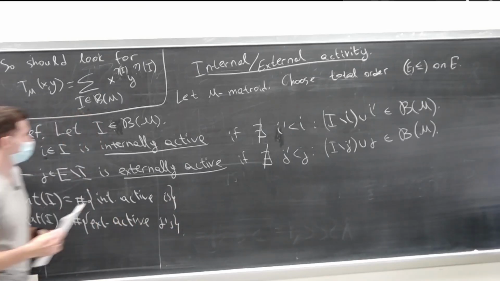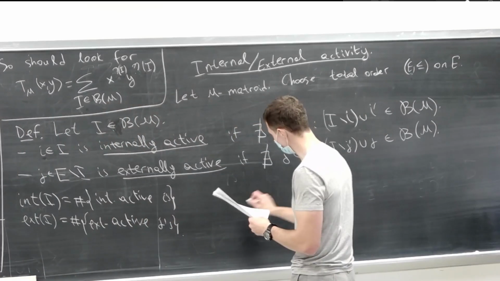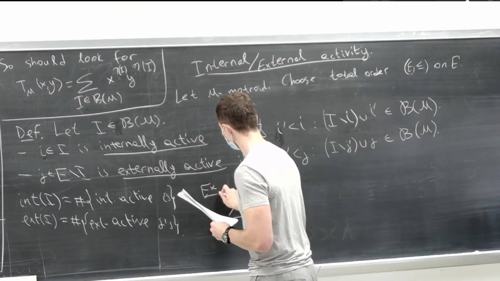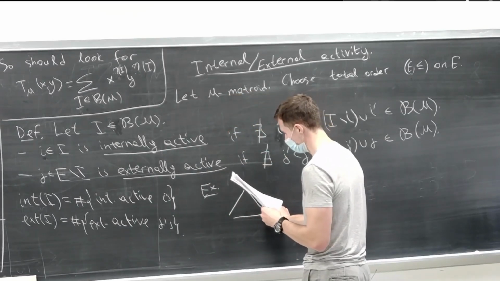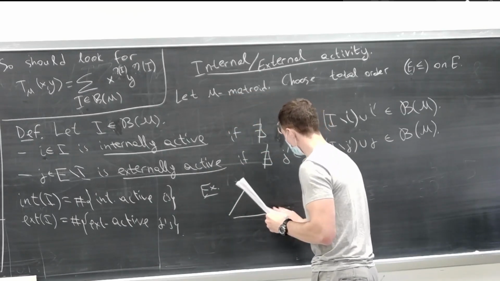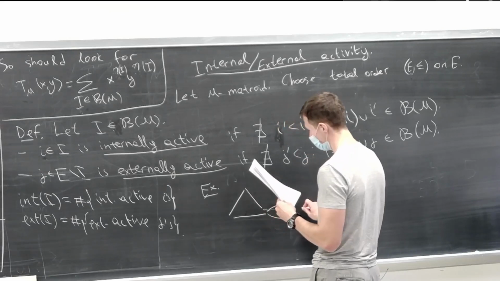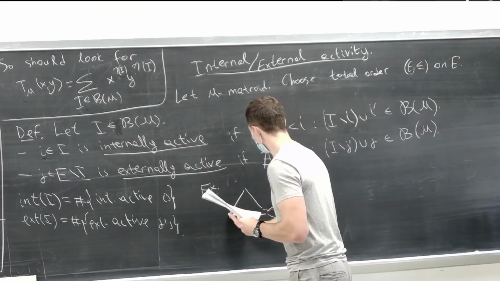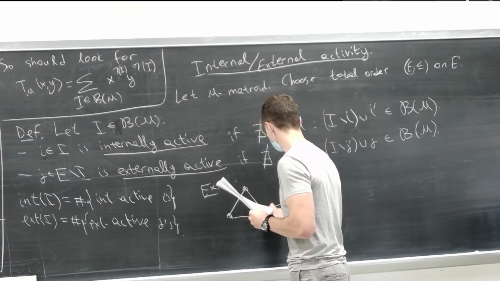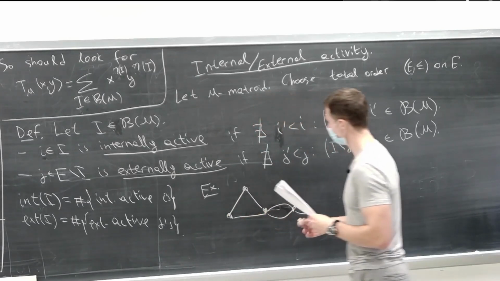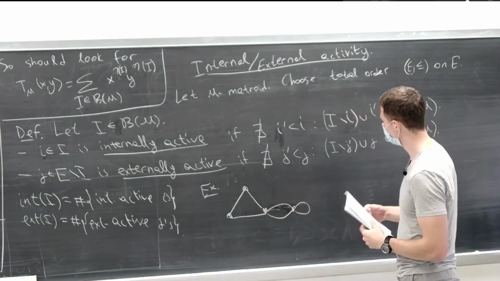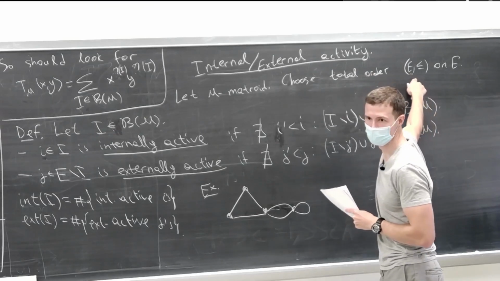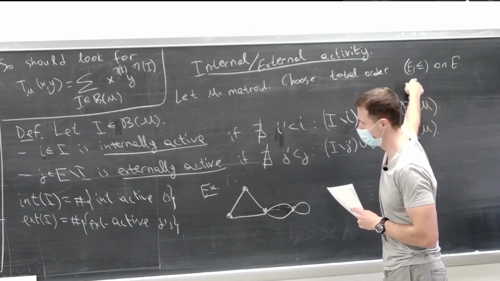For example, let's do a random example. Say I have a double edge here, and then a loop. So I'm taking an example of a graphical matroid. What's the first step? I have to choose a total order on the edges. I have to just number my edges in some way.